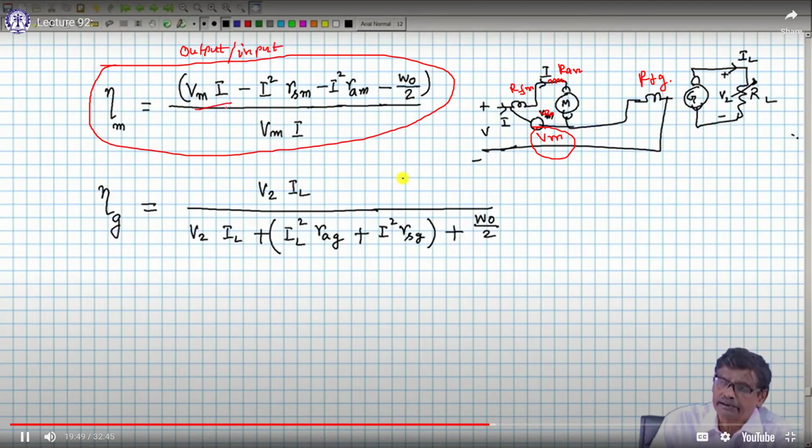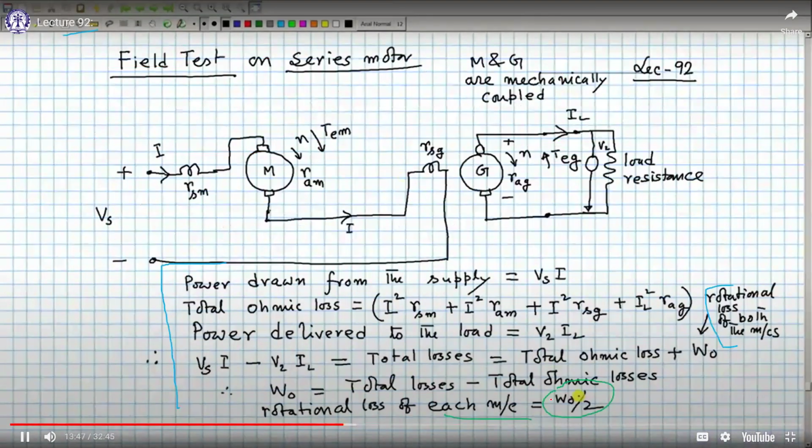So Vm into I is the input minus the losses. Minus I square RFM, where Vm into I is the input of the motor, minus the copper losses in the field winding of the motor, minus the copper loss in the armature winding of the motor, minus W naught by 2, where W naught was the total rotational losses of both the machines, which we have found using this.